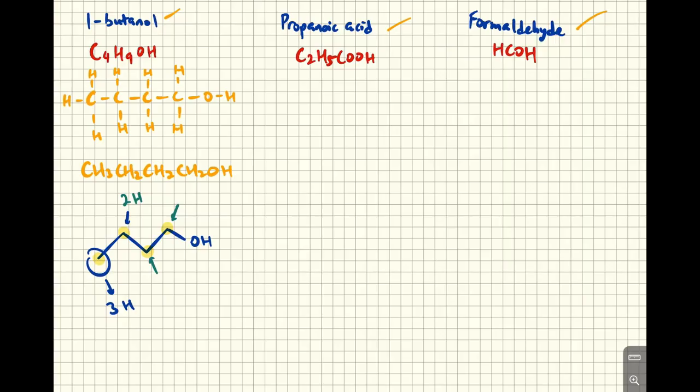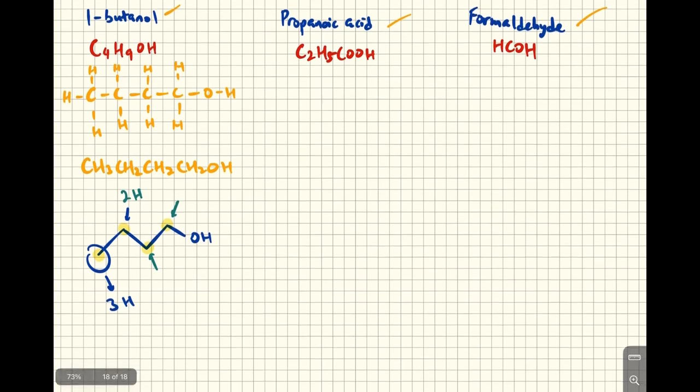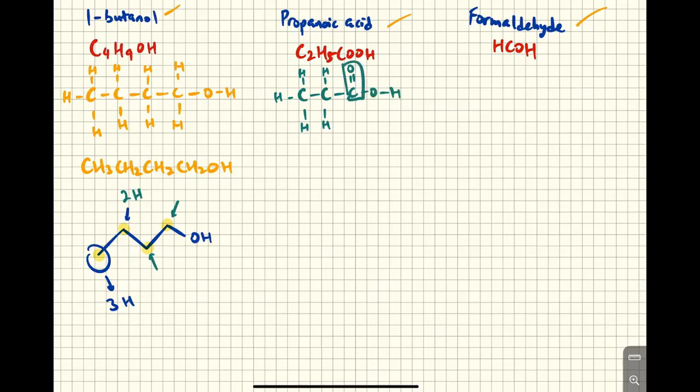The Kekulé structure for propanoic acid is as such. It will look like this. Draw the first 2 carbons, the hydrogens, and finally you draw the carboxyl group. Take note that this oxygen is doubly bonded to this carbon here.